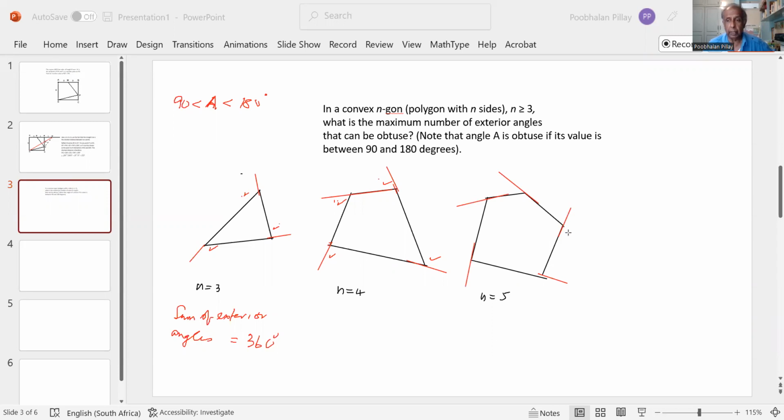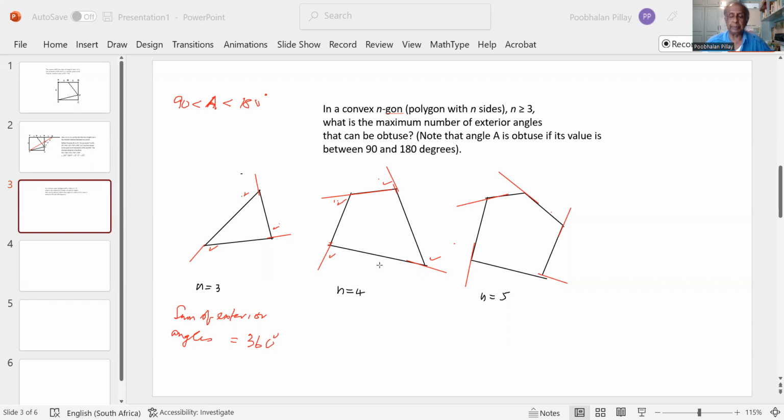So now you'll see you've got several angles here, and none of them seems to be obtuse. Maybe this looks like a right angle, but this is an acute angle. So here you have only one obtuse angle. Here you got 2 obtuse angles. Here you got 3. So the question is, what is the maximum number of exterior angles that are obtuse?